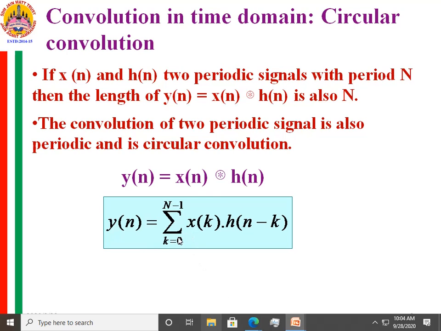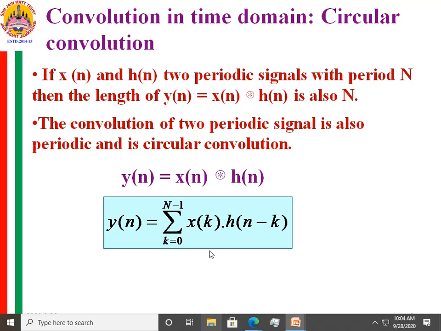There the length of convolution is equal to the length of the input signal plus the length of the other signal minus 1. See, overall length is equal to the addition of two lengths minus 1. In this case, the length of convolution is equal to the period of both the signals. So only the difference is in the length of convolution, otherwise expression wise they are the same.